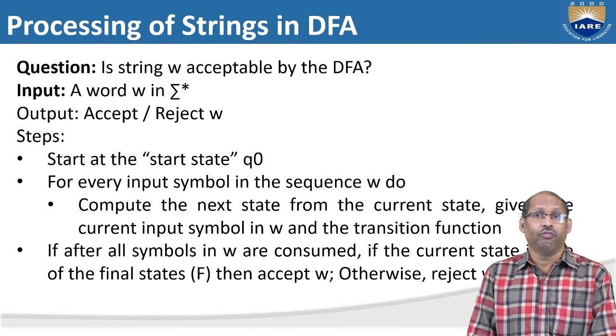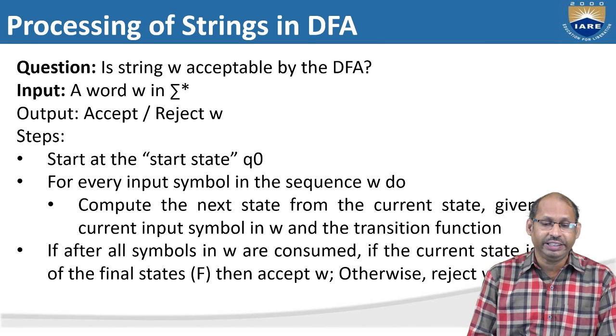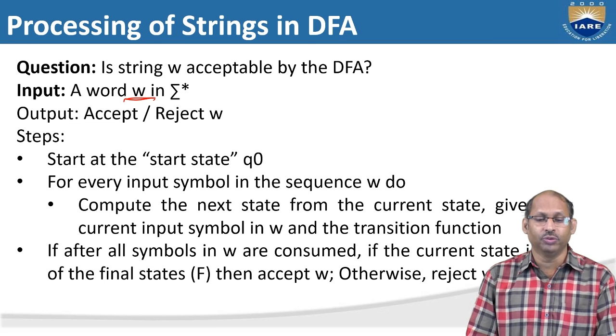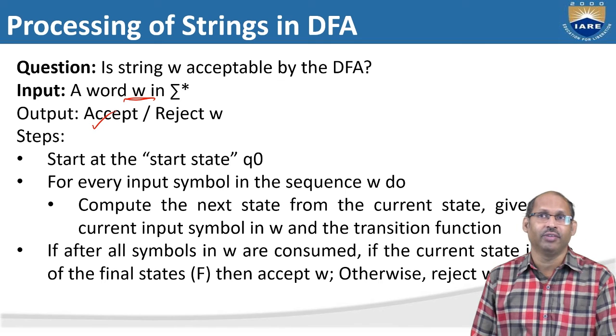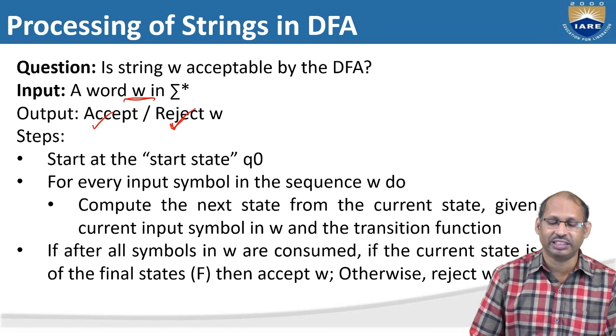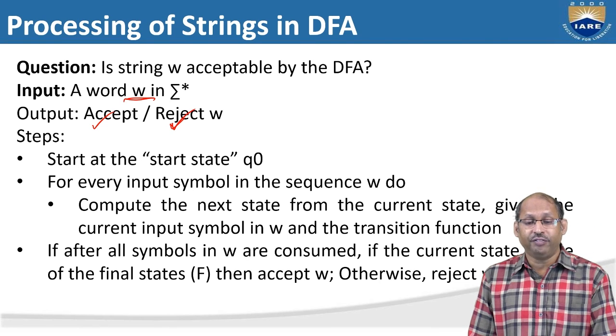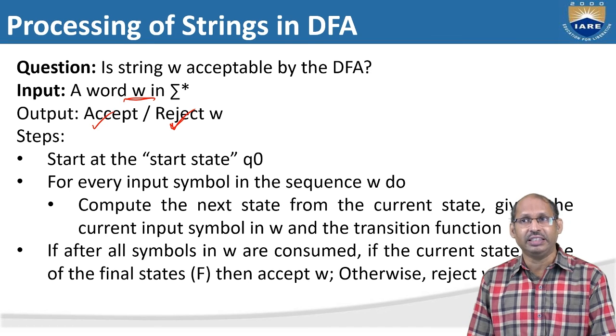Here we always start with the initial state q naught, and it will read a word w, which is a sequence of characters, and finally it reaches some state. If it is a final state, then it is accepted. If it is unable to reach the final state, then it is rejected. After reading the input characters, it will move from the initial state to another state.